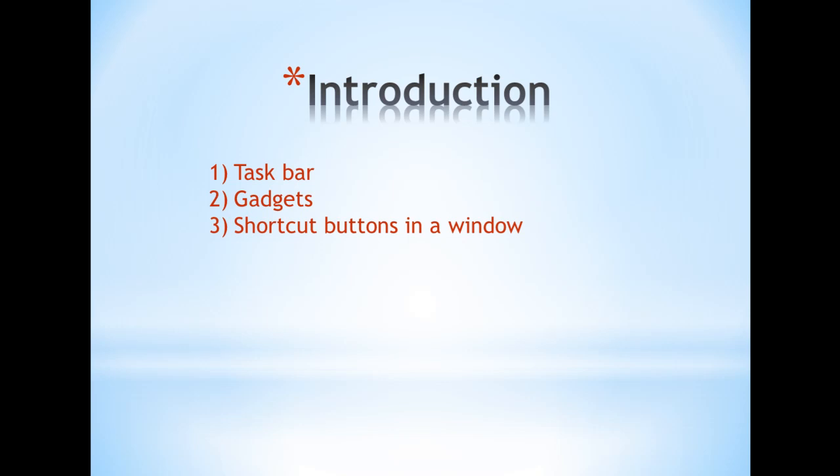We have studied the background of the desktop, icons, and how to select, deselect, hide, and show desktop icons. And in this part, we will study the taskbar and its components like the start button, how to change the position of the taskbar, gadgets, shortcut buttons, etc. in detail.